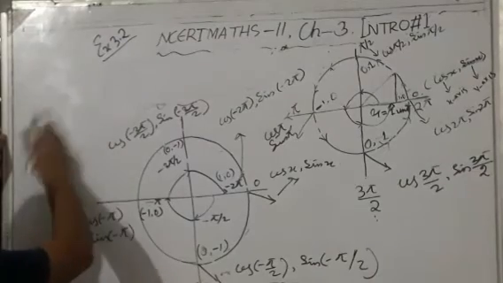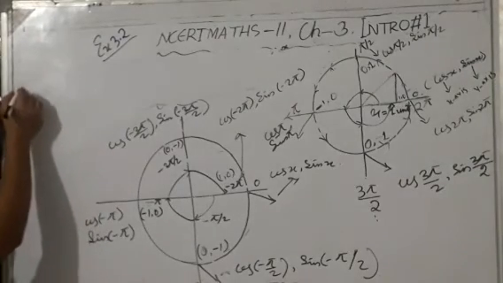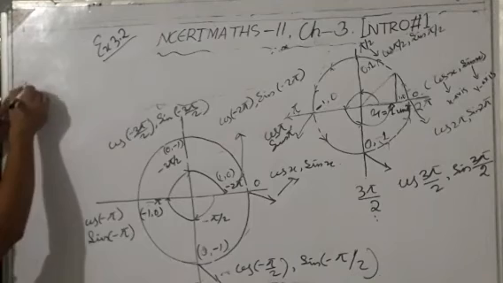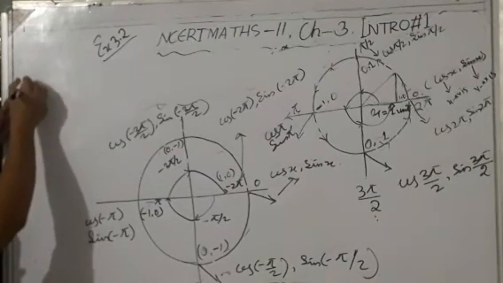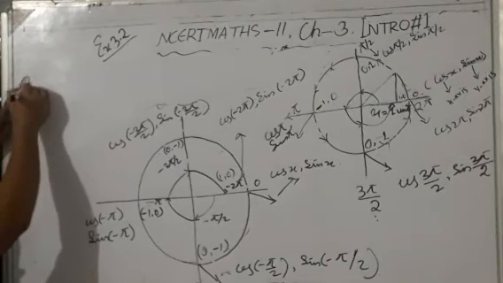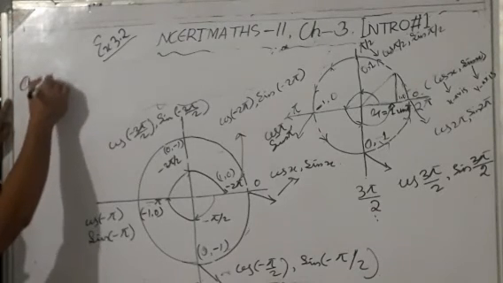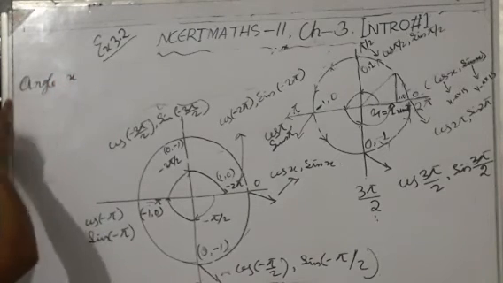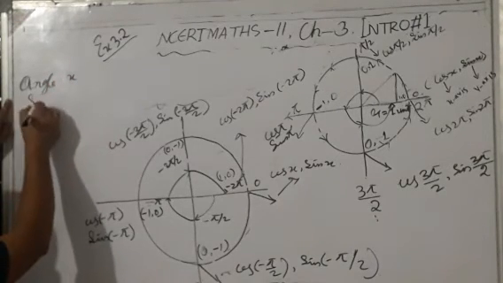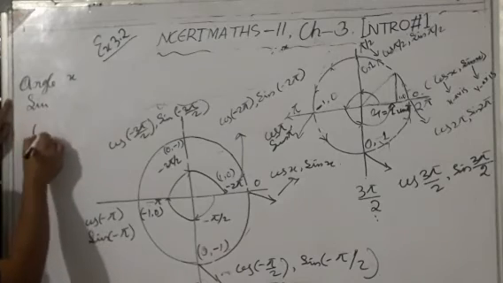Let's see this. Okay, I am writing the angle here. This is x, this is sin, this is cos.